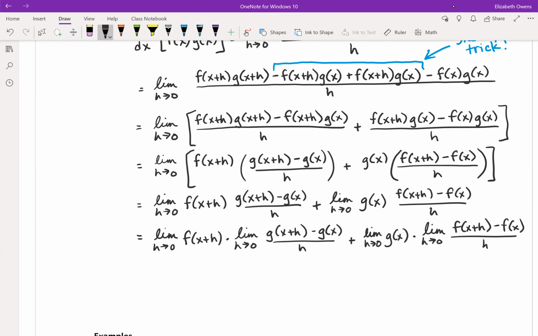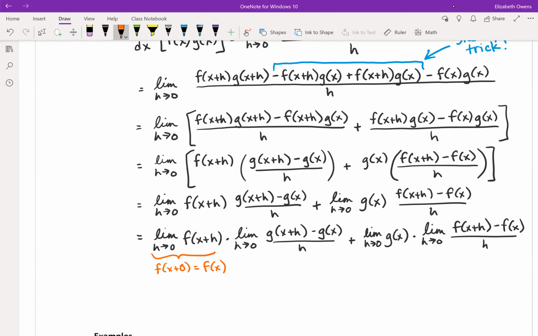And we can now see what each one of these limits is really. The limit as h approaches 0 of f of x plus h, there's actually no issue with direct substitution here. So for this one, we can just say this is f of x plus 0, and see that that's just f of x.